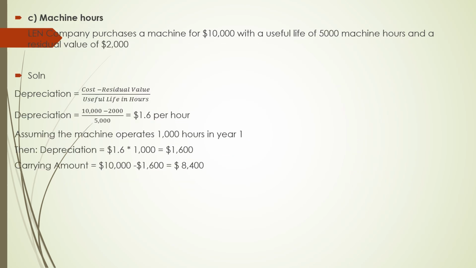So we proceed to the last method, which is the machine hour. So L Company purchased a machine for $10,000 with a useful life of 5,000 machine hours and a residual value of 2,000. So the formula for depreciation in this instance doesn't change at all. So we have the cost minus the residual value over the useful life in hours.